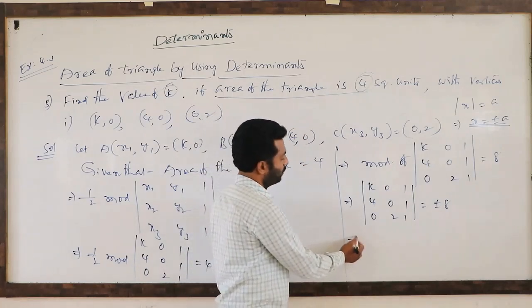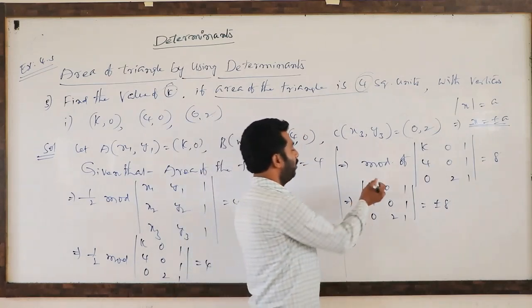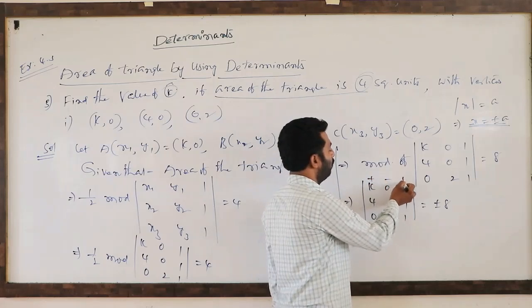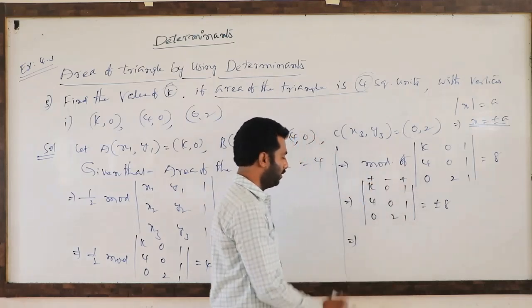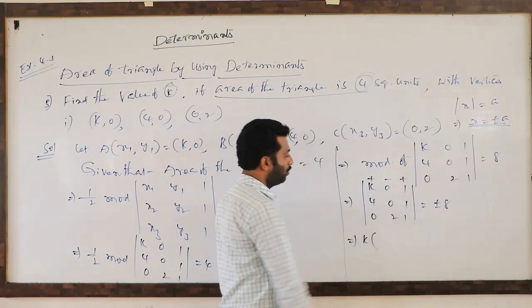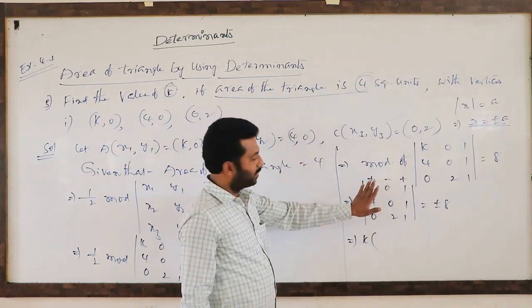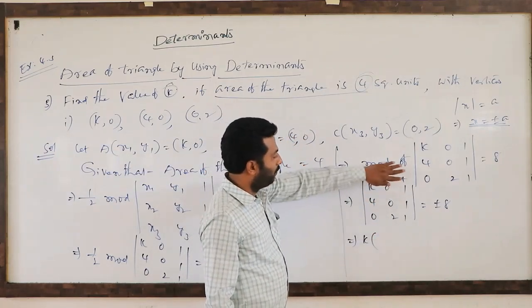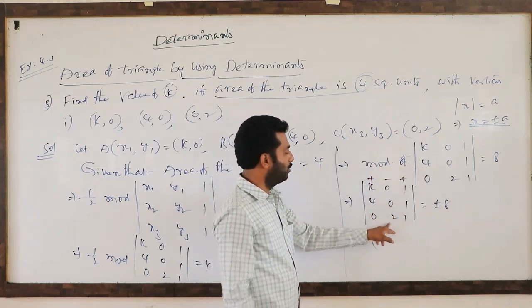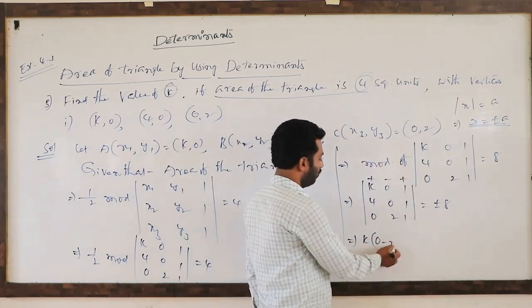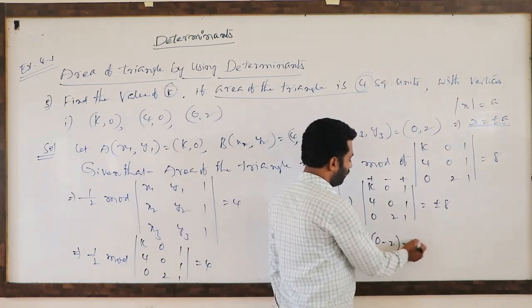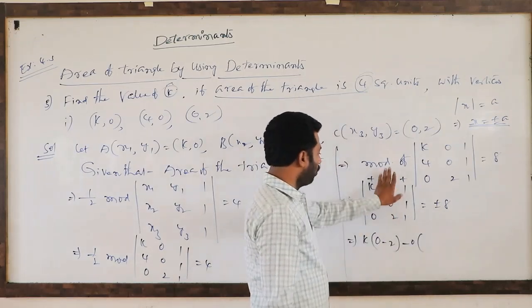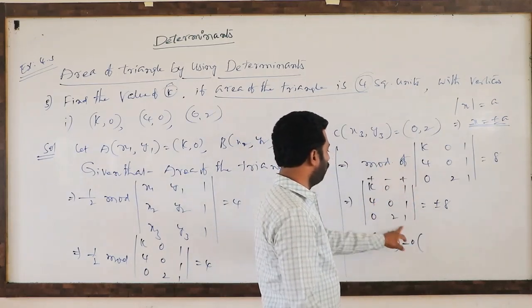Now you can expand any row or any column, plus, minus, plus. You see here, k into, along the first row we are selecting. First column, first row we have to close. This is 0 minus 2. Minus 0 into, you close this column and this row, 4 minus 0.